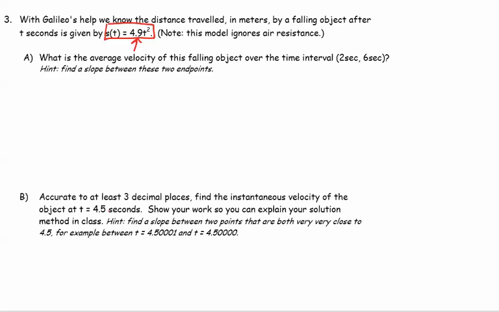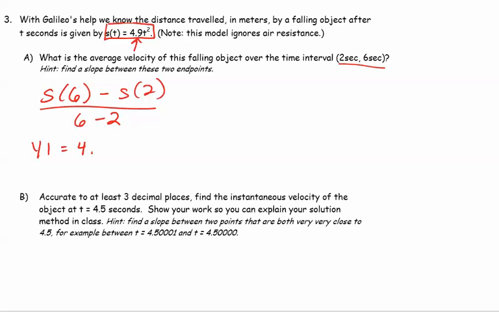It's your choice here. All right, so our average velocity over this interval, we would want to do the position at time 6 minus position at time 2, and the elapsed time. And how I would do this, by the way, on my TI-89, I would go to the Y editor and put in this function.